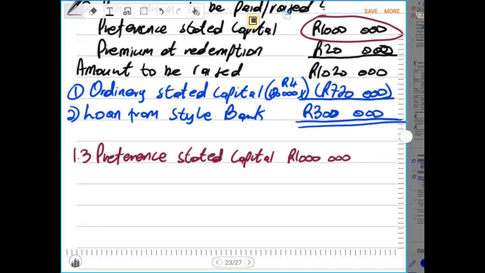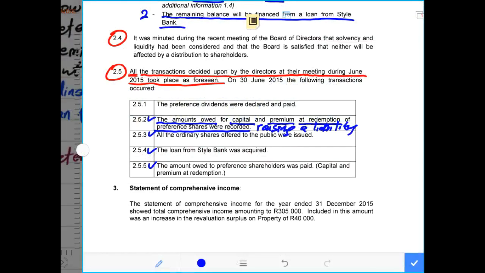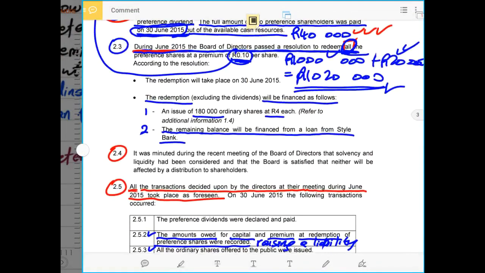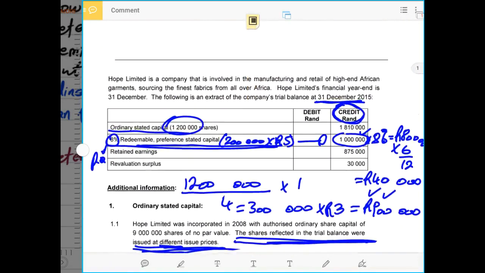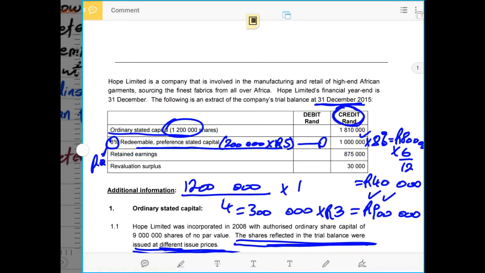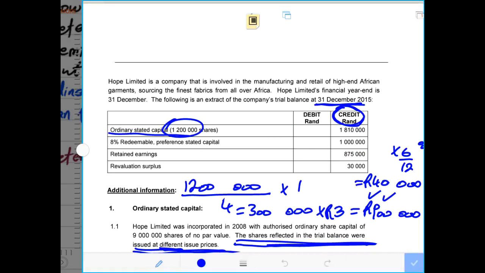Remember, I said that when you debit your preference stated capital, you cancel the capital that was in the extract of the trial balance, because the preference stated capital was initially recorded as equity on the credit side when the preference shareholder bought the shares. You can see 8% redeemable preference stated capital. It is 1 million and is recorded on the credit side of the trial balance.